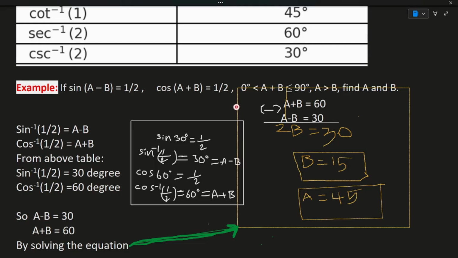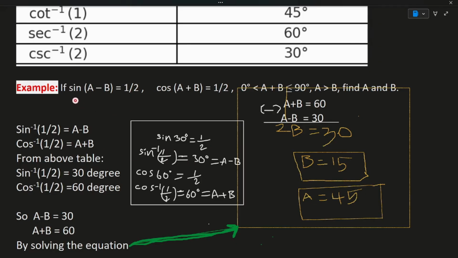If sin(A minus B) equal to 1 by 2, cos(A plus B) equal to 1 by 2. From the given data, the same expression can be rewritten as sin inverse of 1 by 2 equal to A minus B. Okay. Why? Because, for example, if sin 30 equal to 1 by 2, I can rewrite it as sin inverse of 1 by 2 equal to 30 degrees.